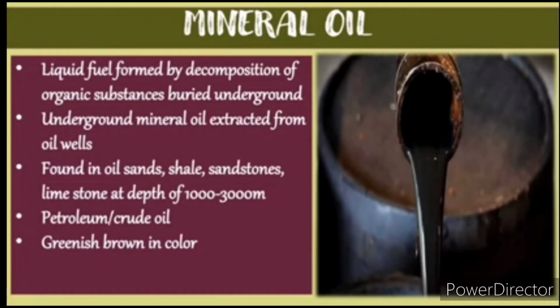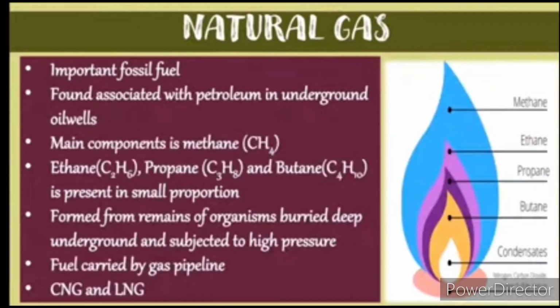Oil is found in sand, shale, sandstones and limestone at a depth of about 1000 to 3000 meters. Petroleum, that is crude oil, is greenish brown in color. Petroleum is a mixture of many compounds.